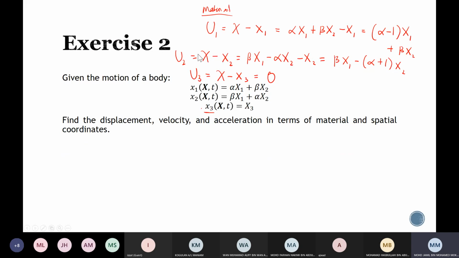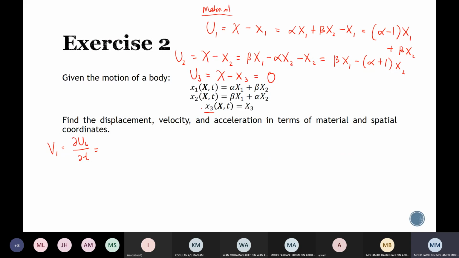And then from the displacement, you can find velocity. Okay, there are two ways you can find velocity. You can either differentiate the mapping, or you can differentiate the displacement. So V1, you just differentiate the displacement.